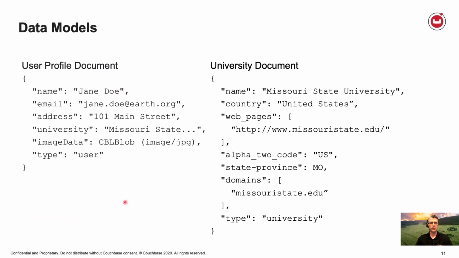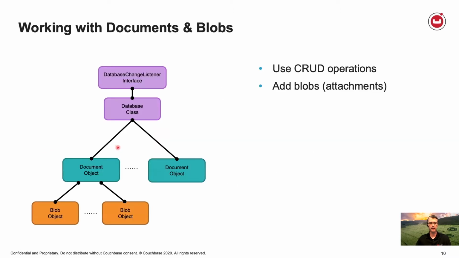Now, the data models in use in the user profile demo, there's two. Remember, we have a user profile database and a university database. The user profile document is pretty simple. It's just a name, email address, a physical address, the university, and this image data, which is the blob that you see referred to over here.